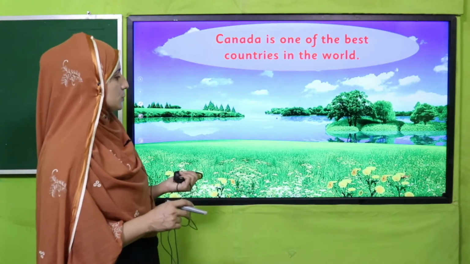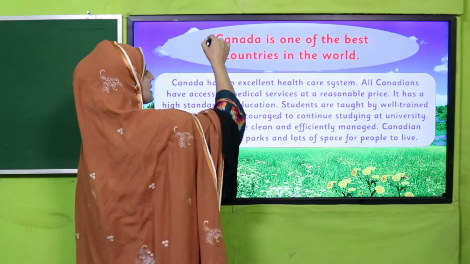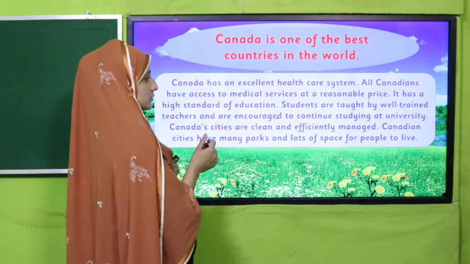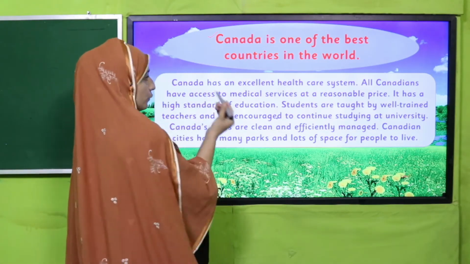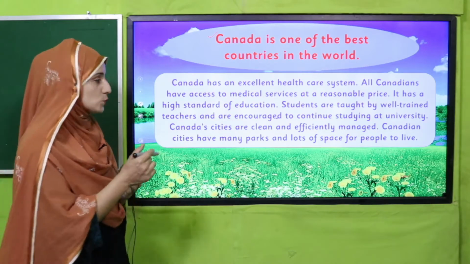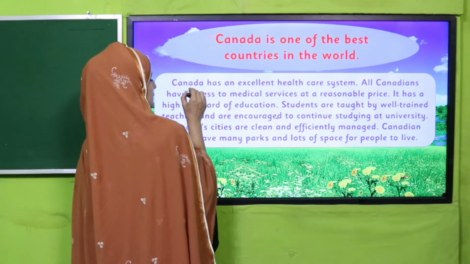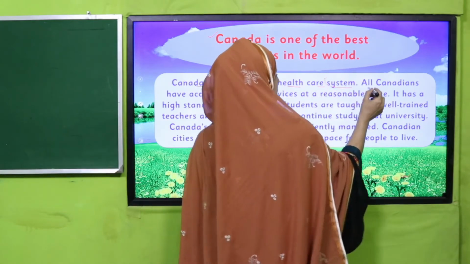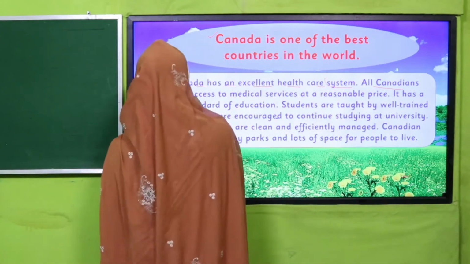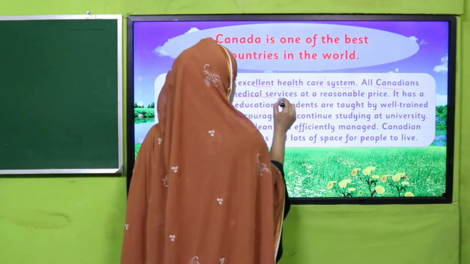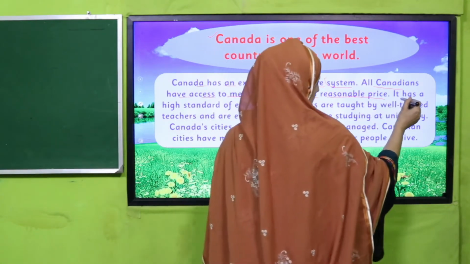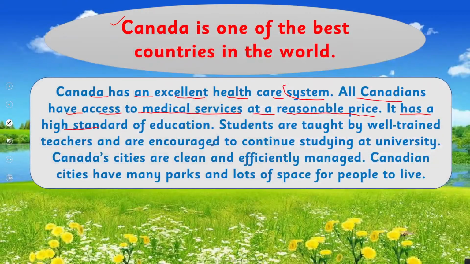And the next is, you can see the first one that I gave is a topic sentence. Canada is one of the best countries in the world. And why is Canada one of the best countries in the world? Let's see the supporting details. Canada has an excellent healthcare system. All Canadians have access to medical services at a reasonable price. It has a high standard of education.